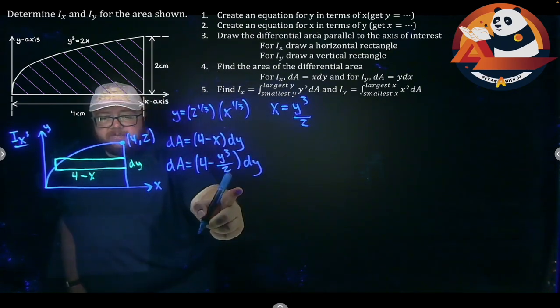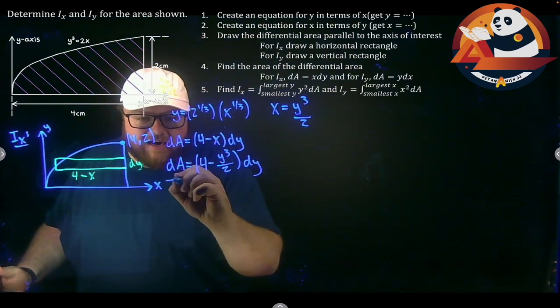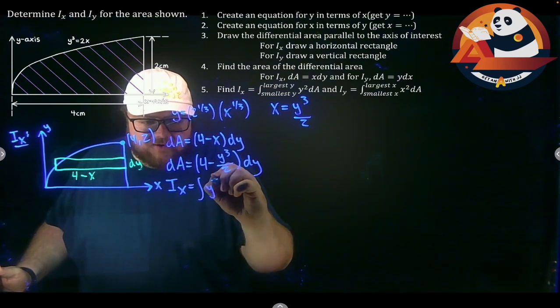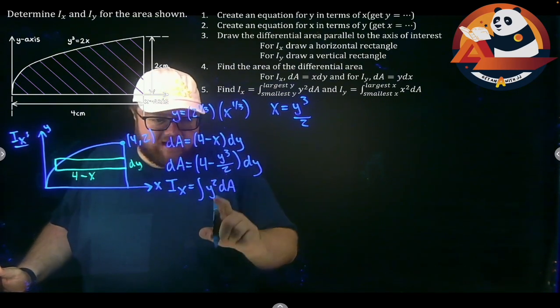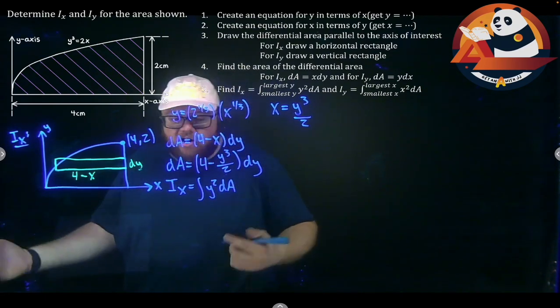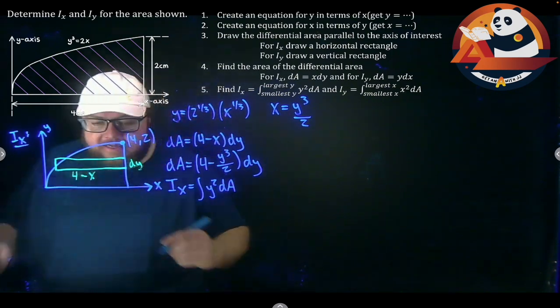And that's what I'm going to set up to get my Ix calculation figured out. I know Ix is the integral of y squared dA. If I have y squared and dA in y's and dy, I have all y's and dy's, I can integrate that. Let's go ahead and fill in our pieces in here.